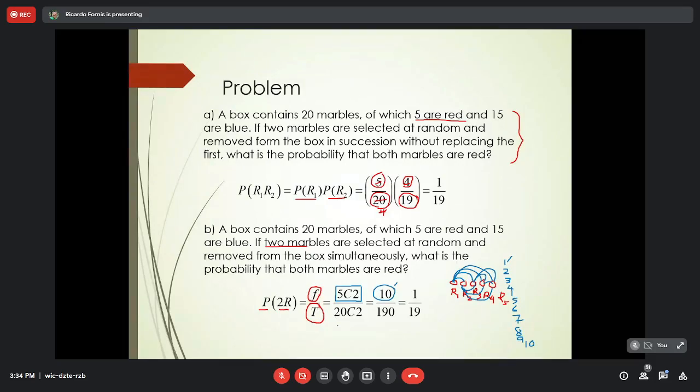The total possible outcome is calculated also as 20 combined 2. There are 20 marbles in the box, so if you get 2 marbles, then there are 20 combined 2 different ways of getting these marbles. A total of 190. So if you perform it, you can just remove the 0 and you get still the same result, 1 over 19.